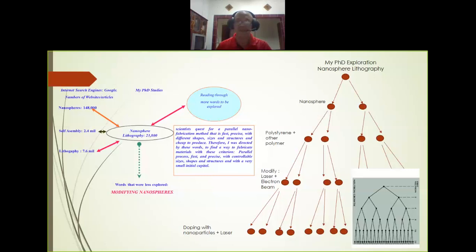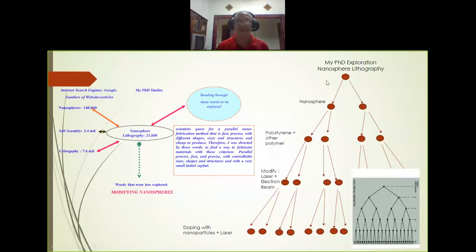Then from laser and electron beam with nanospheres, you can get doping nanoparticles and laser. Meaning that you start at one keyword, and you can go toward more keywords later on. The same here: you start with one keyword, then you find two keywords that correspond with your work.